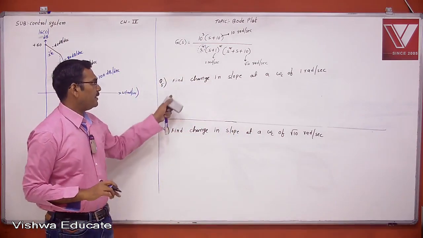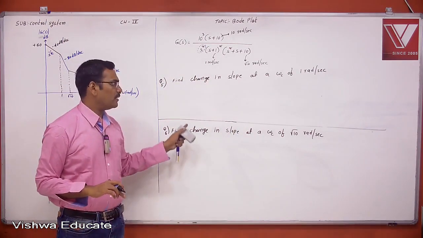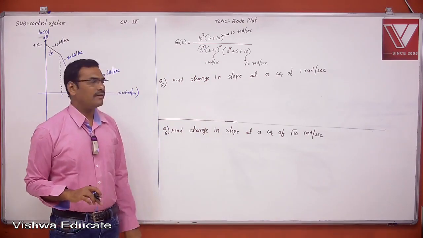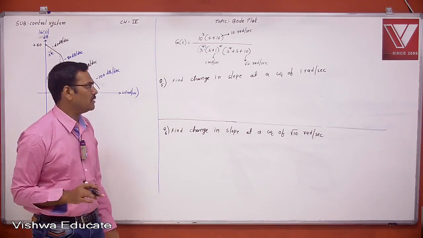Okay, find the change in slope at a corner frequency of 1 radians per second, and find the change in slope at a corner frequency of root 10 radians per second. This is the question.